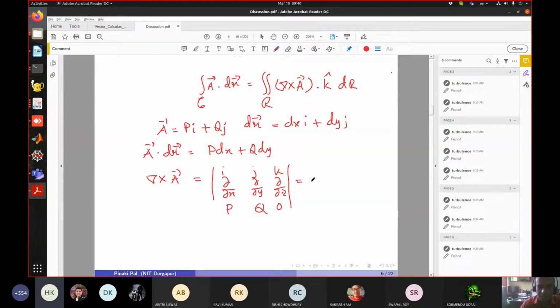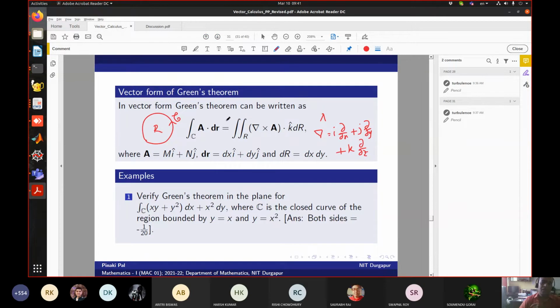Sir, what is the significance of this theorem? I cannot understand what it does. It depends actually. It can have different kinds of significance.